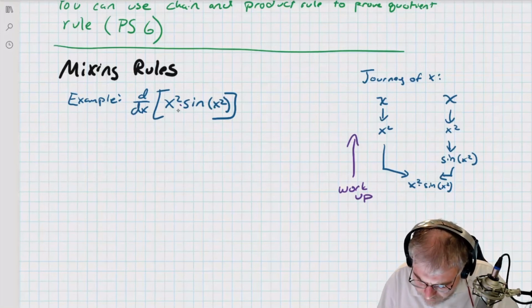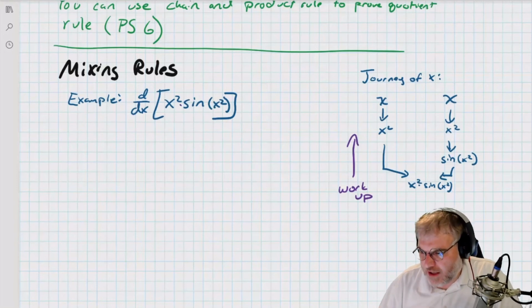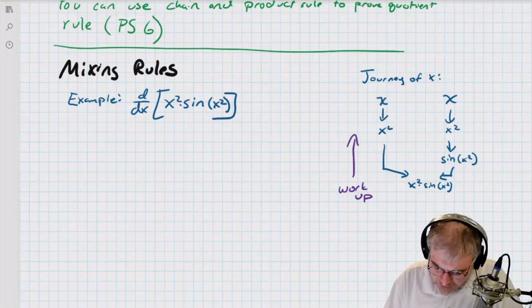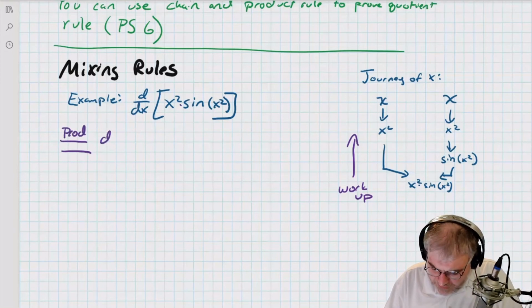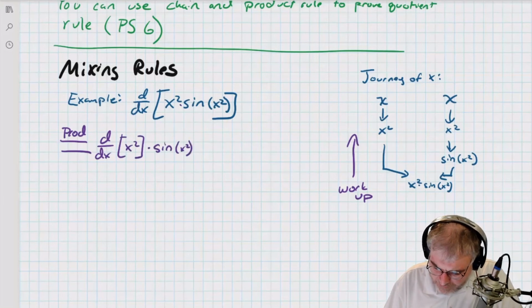So the outer thing that gets done here is a product. So what I'm going to do first is the product. So I have the derivative with respect to x of x squared times sine of x squared plus x squared times the derivative with respect to x of sine of x squared.